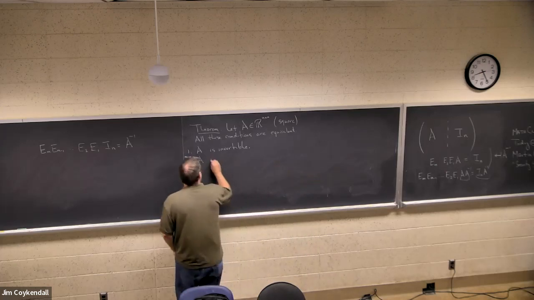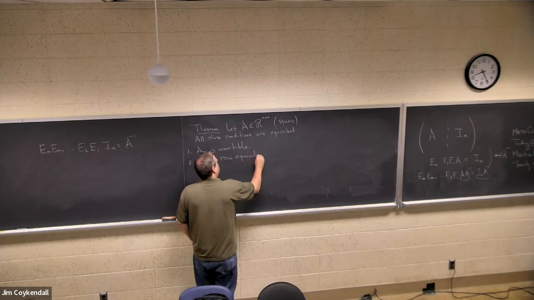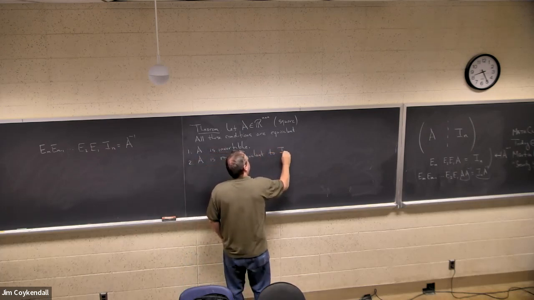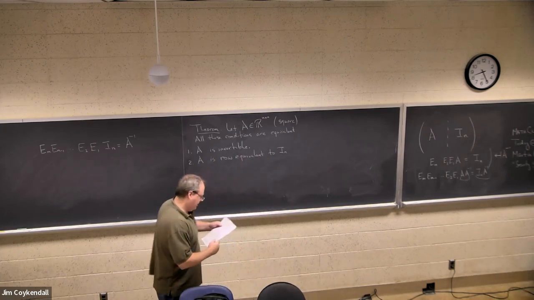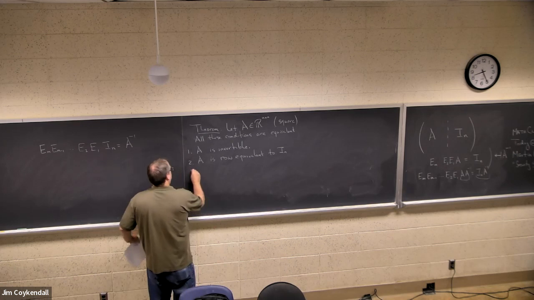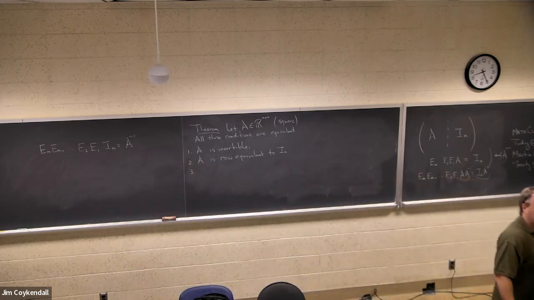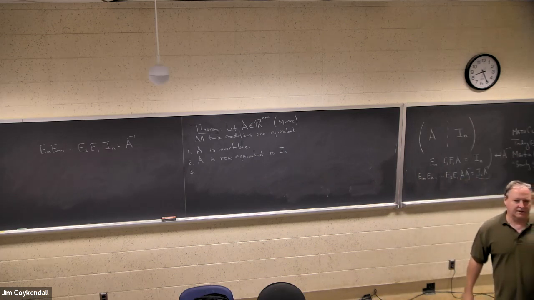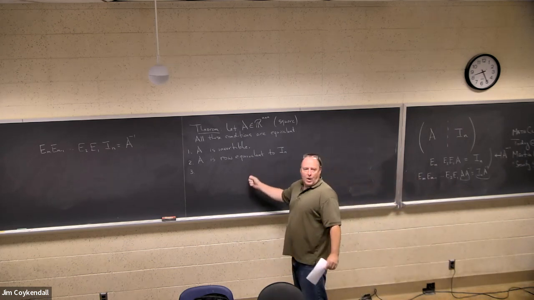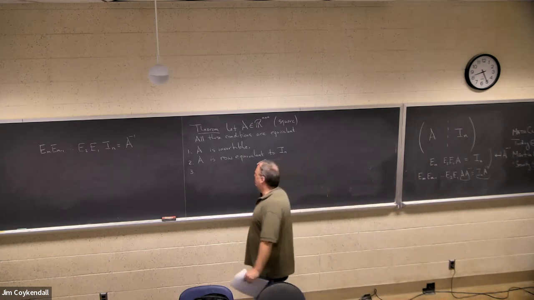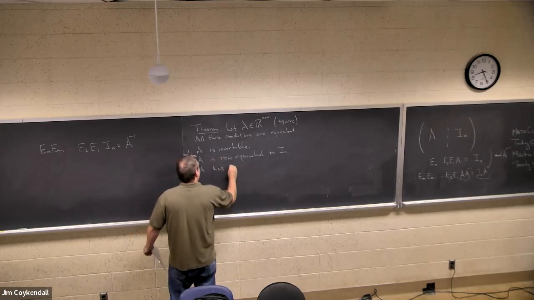A is row equivalent to the identity matrix I. How many pivots does the n by n identity have? N pivots, right? And when you do row equivalents, the number of pivots do not change. So another way to put this is A has n pivots.